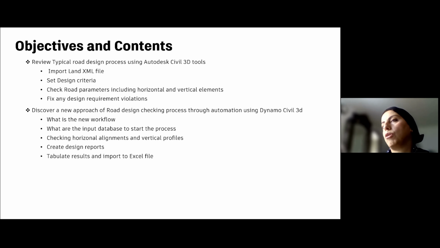And my colleagues are going to present the new approach of road design checking through automation using Dynamo for Civil 3D. They are going to discuss the new workflow and the input database to start the process, and then checking horizontal alignments and vertical profiles, and then creating design reports. And then at the end, how we tabulate those results and import them to an Excel file.